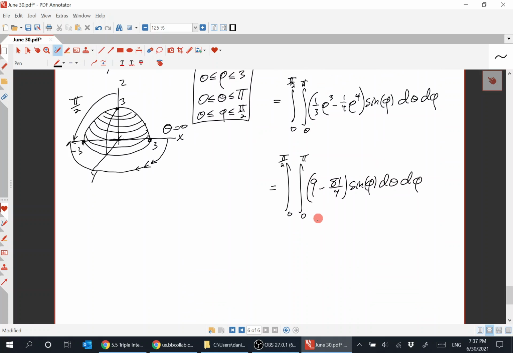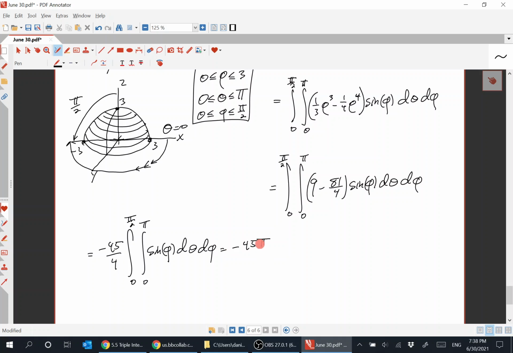Alrighty, so let's see, 36 minus 81, 45. So minus 45 over 4. Zero to pi over 2, 0 to pi, sine phi d theta d phi. No thetas, right? So just a constant here with regard to theta. So it's just the constant times the length of the interval, which is pi.